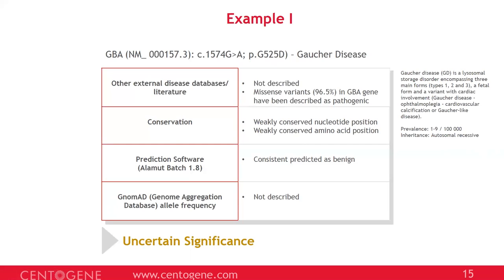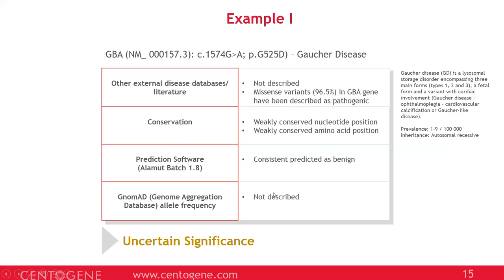The variant is not described elsewhere, and we still knew it based on the external as well as internal observation. These kinds of missense variants in the GBA gene have already been described as pathogenic. In fact, 96.5% of these variants have been reported to cause Gaucher disorder.